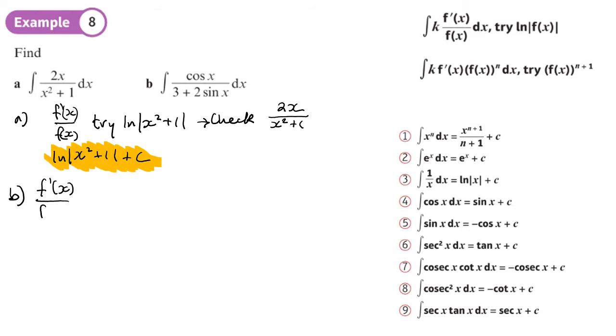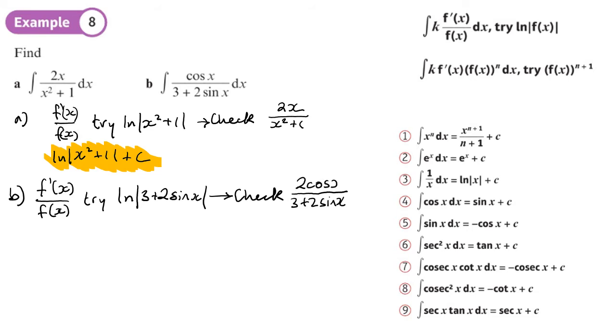So what do I do? I try log of the bottom, which is 3 plus 2 sine x. How do I check? Well, I differentiate it. And if I differentiate that, at the bottom, I'm going to get 3 plus 2 sine x, and at the top, I'm going to get 2 cos x.